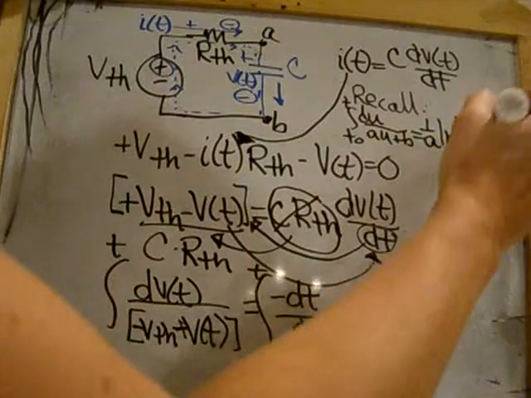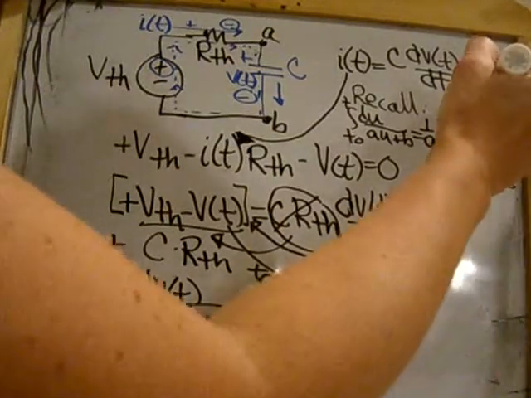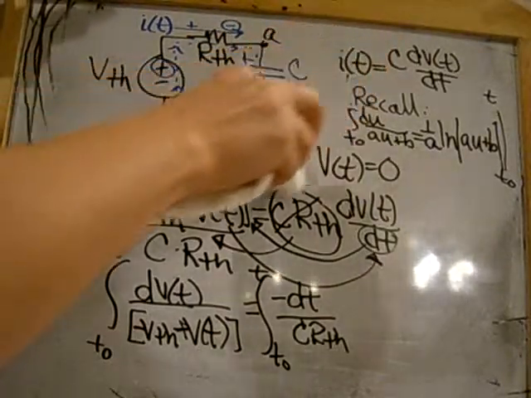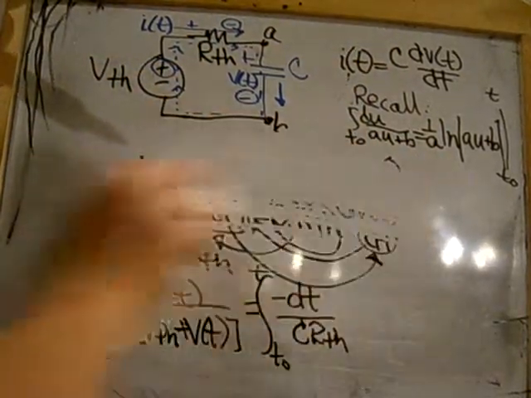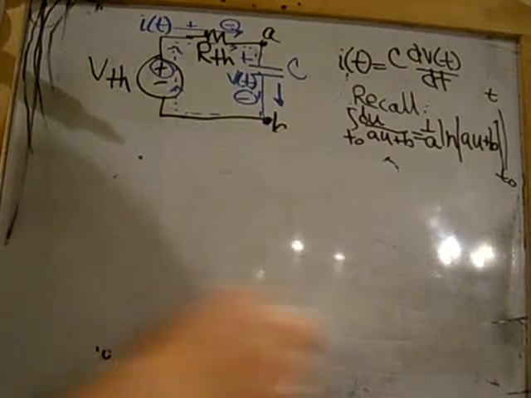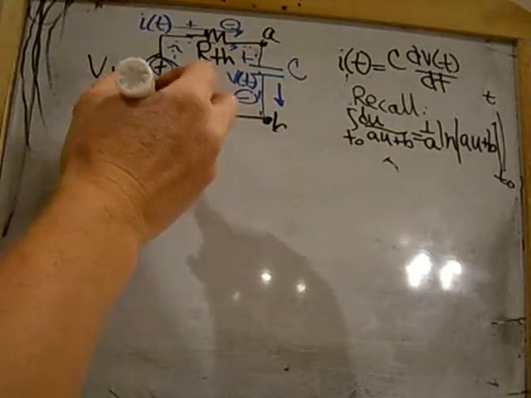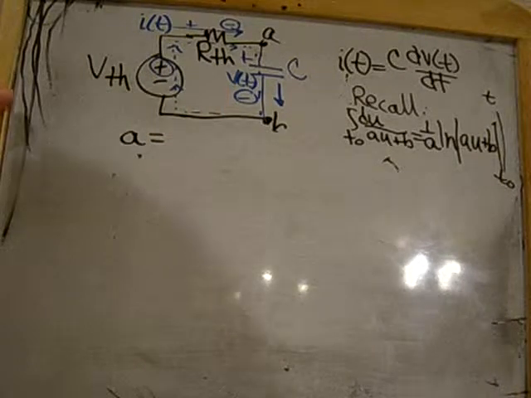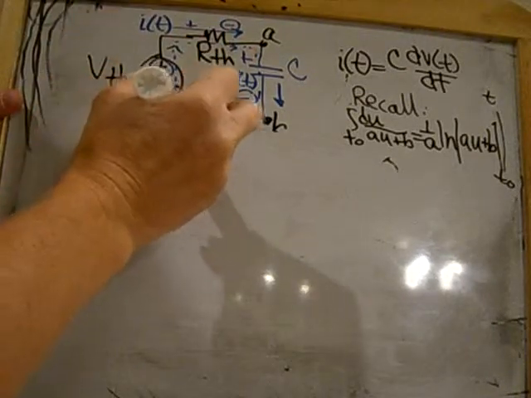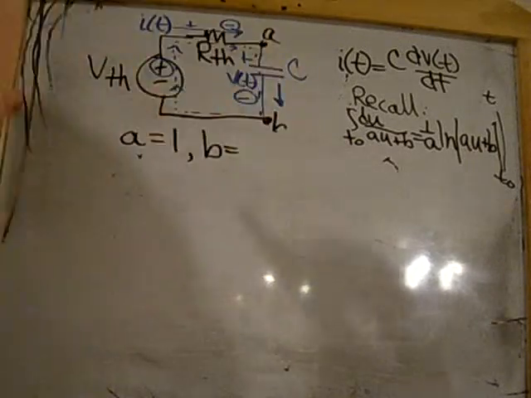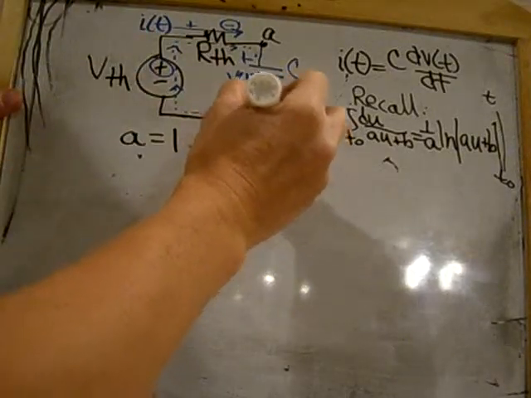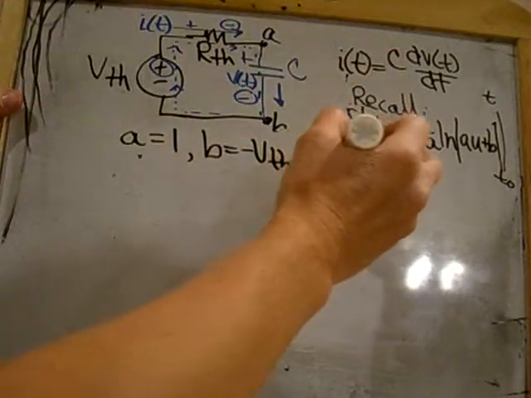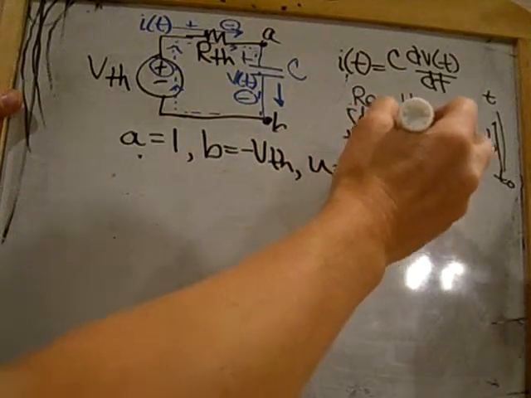And that will be evaluated from t0 to t. So in this case, A is a 1 and B is a minus VTH, and the U, which is the function, is voltage V of t.